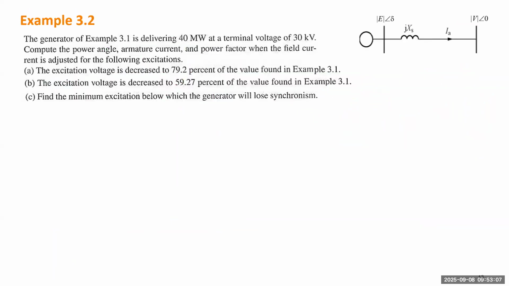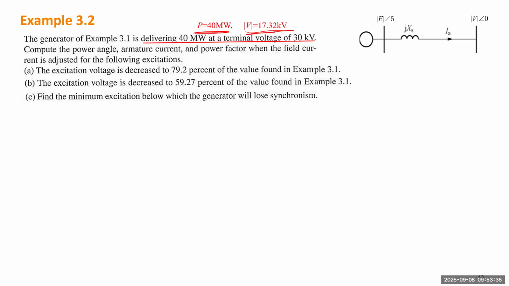So a second example just asks you to try, basically giving you some parameters and values to do some calculation for the three conditions. For this case, it's the same generator as example one, but we assume P to be a constant 14 megawatts. We already calculated the phase voltage to be 17.3 kV.